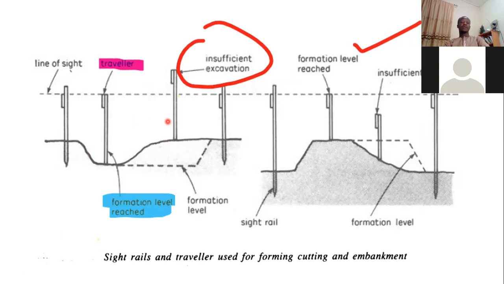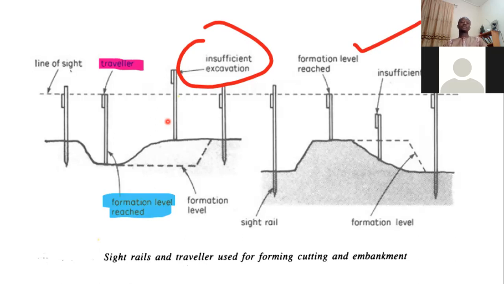Okay, you don't know. So the one that is buried is the site rail. How do I know? The one that is buried is the one that is going below the ground level.